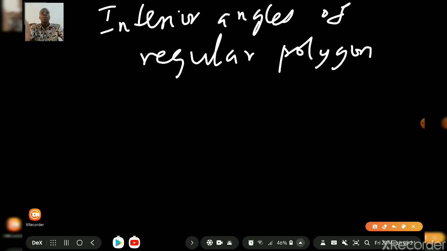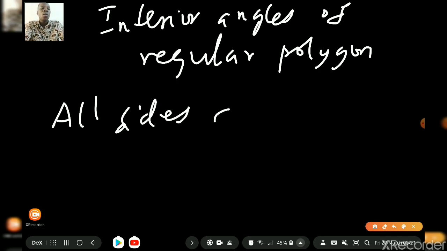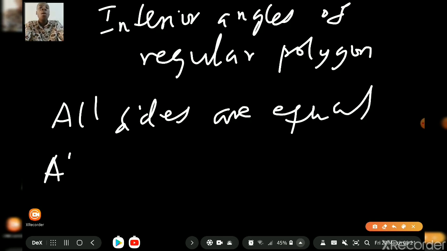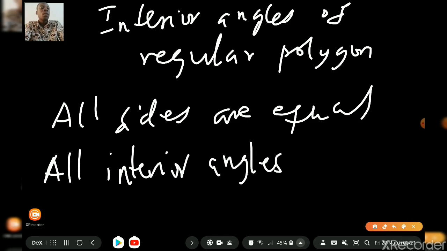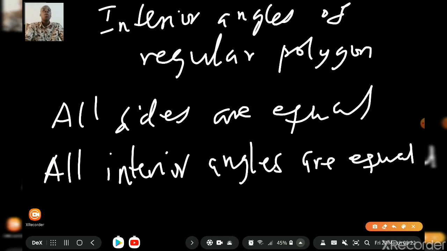When we talk about a regular polygon, what we mean is any polygon in which all the sides are equal, and as well all interior angles are equal.